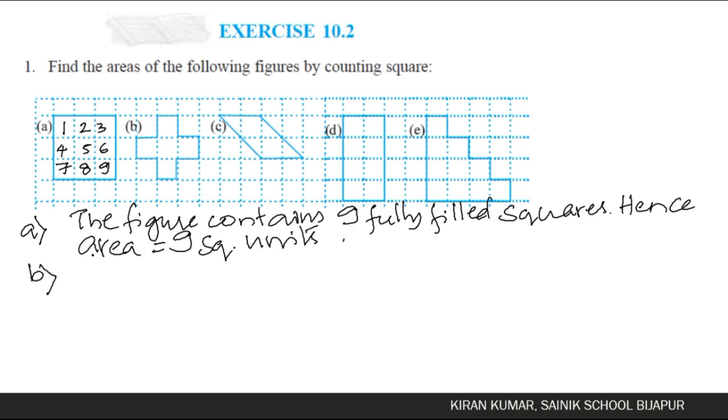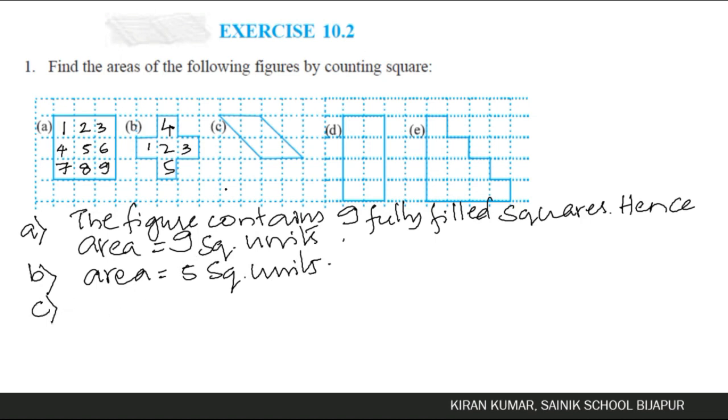Look at the second one. Here you count, there will be 1, 2, 3, 4, 5 fully covered squares. Therefore, area for the second one is 5 square units. Observe the third one.